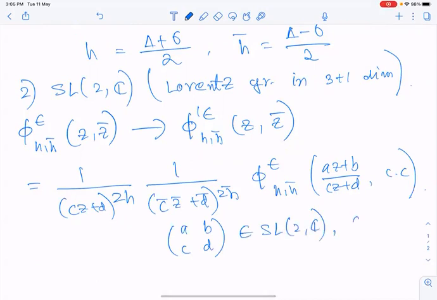The main property is that its determinant is 1.